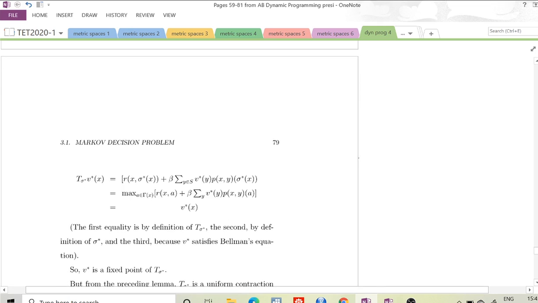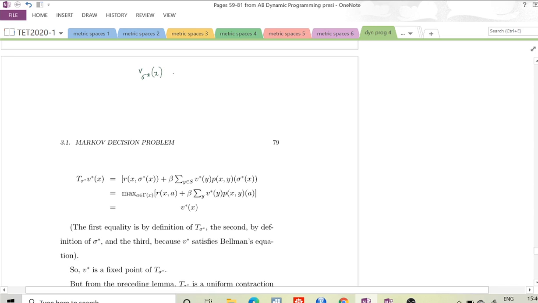So first, ignore this for a moment. Notice that we've shown for any stationary policy sigma, something that will therefore hold for the stationary policy sigma star, which is that V sigma star is a fixed point under the map T sigma star.